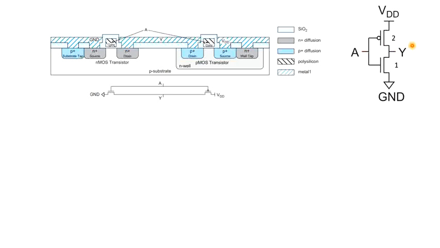If you see this circuit diagram, generally we write here 2, here 1, which indicates that this P MOSFET width has to be 2 times that of this N channel MOSFET, which is due to the lower mobility of holes in P channel MOSFETs.